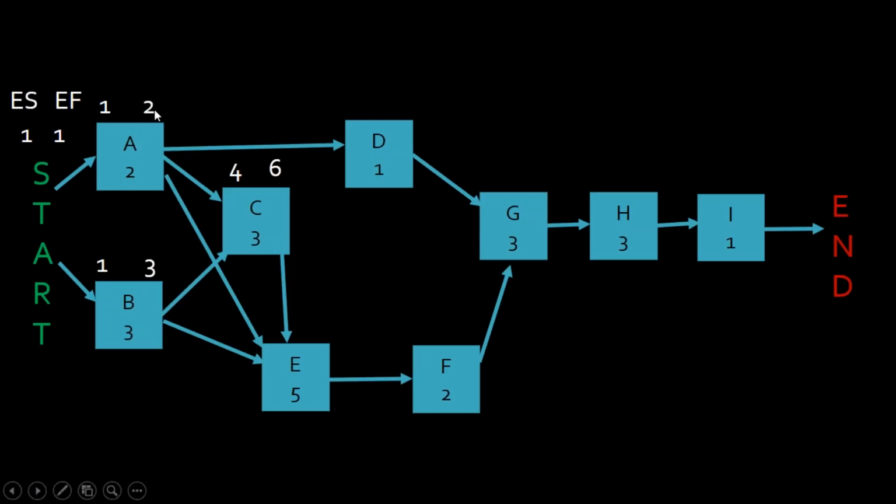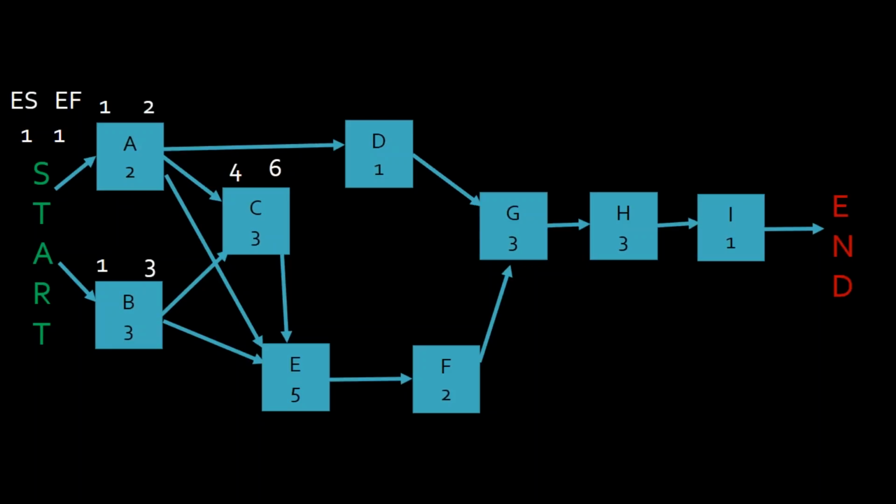So even though A can finish as early as day two, I can't start C. I have to wait for B as well, remember? And the earliest B can finish is day three. Therefore, the earliest that I can start task C is day four because I had two dependencies to consider. That right there is a very important thing I just did. Did you guys see that? Why C starts on 4 and ends on 6?